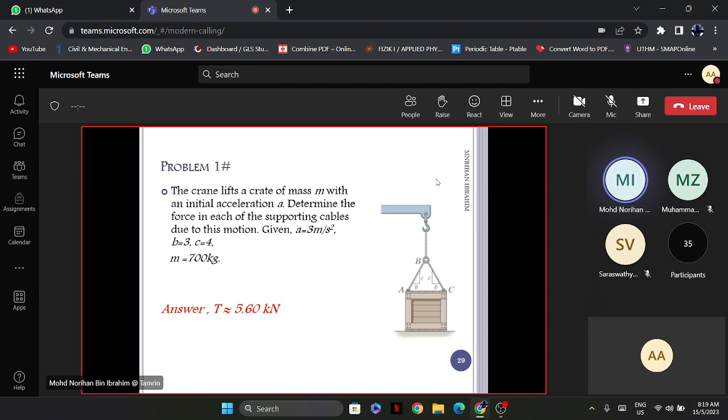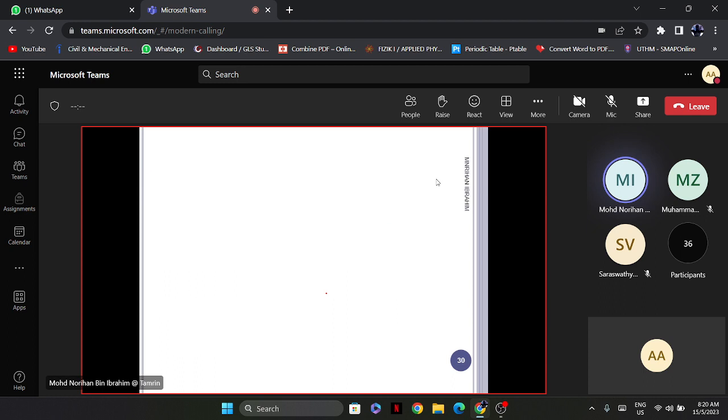You need to jot down all of the related data which is given in the question. So the solution to problem one: draw the free body diagram as usual.